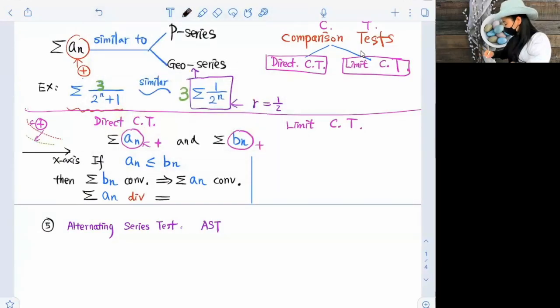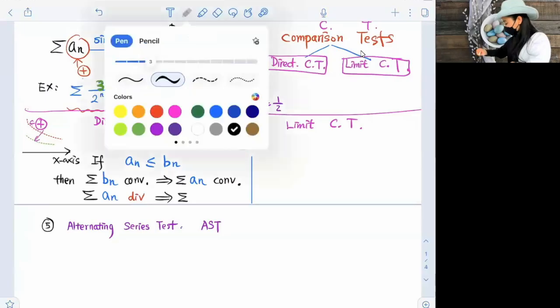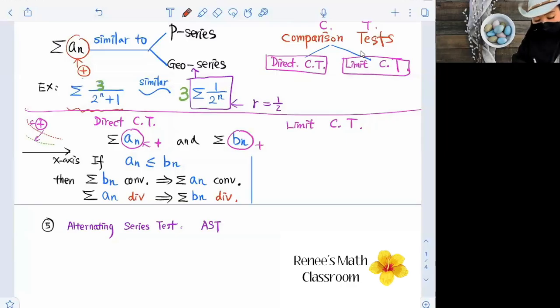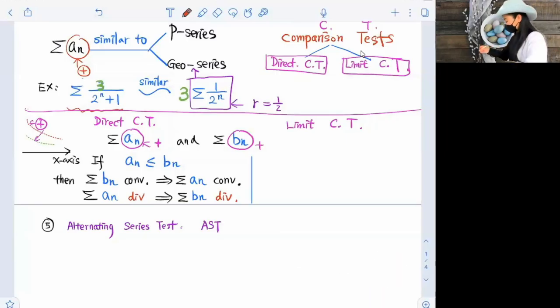It diverges. Notice the relation only goes this way, it doesn't go the other way. So that was the direct comparison test. Over here, it's important to show that one is above the other for some n.